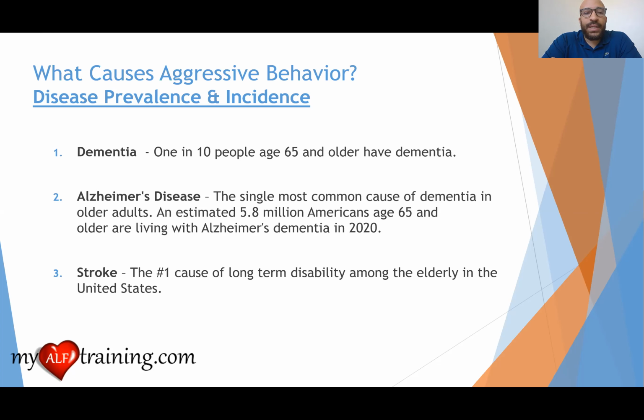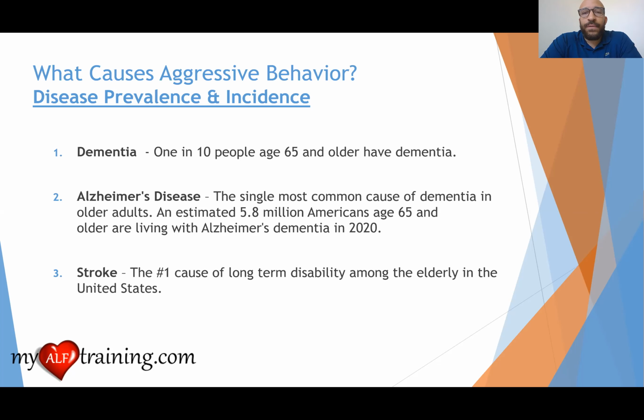And last but not least, I included stroke. Stroke is the number one cause of long-term disability in America among the elderly. So many of the patients you care for either have had a stroke of mild severity or very high severity that has caused some type of disability, whether it's a physical one that you can easily see or one that's more mental or vocal.